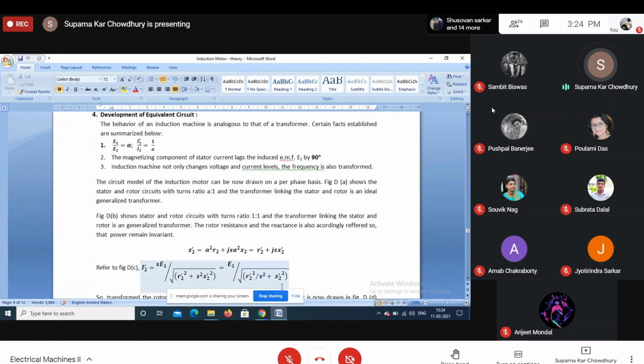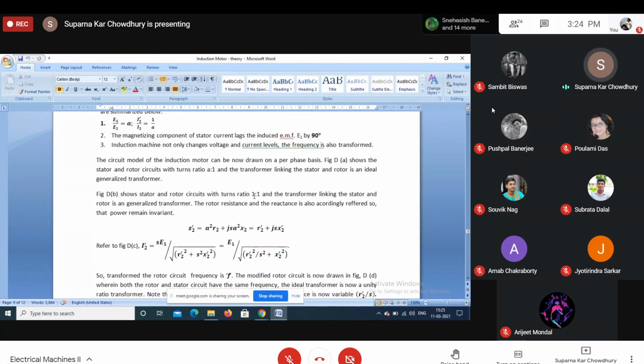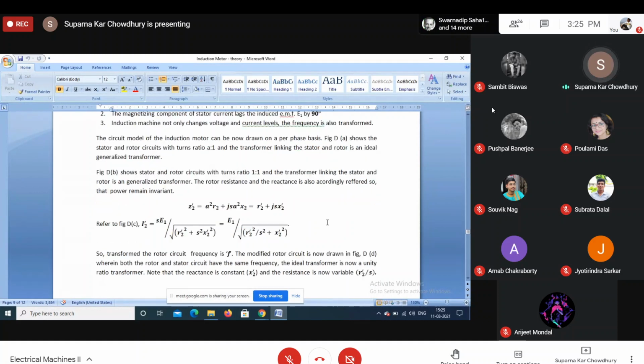Now normally the turns ratio is A:1. Now we can change this to a 1:1 ratio. In the same way, we have transferred the secondary quantities to the primary voltage level in the case of transformers.